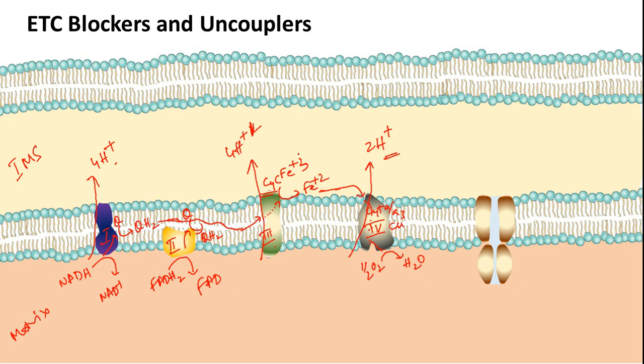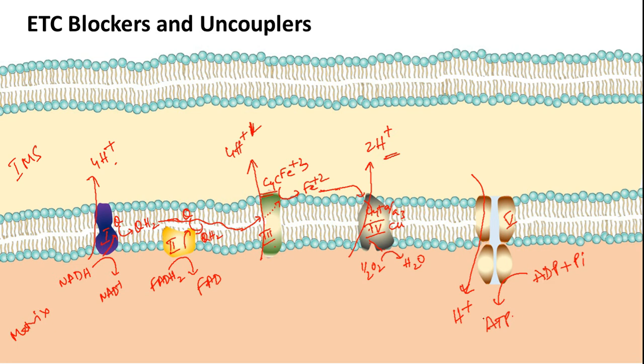So these many protons are pumped, creating a significant proton or pH gradient. This proton motive force is utilized by complex 5. It allows protons to move through it, leverages the energy captured through this flow of protons, and converts ADP to ATP.